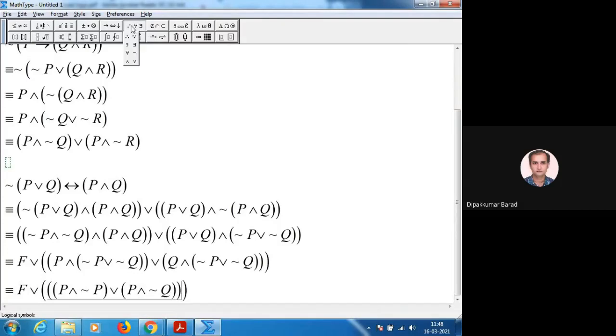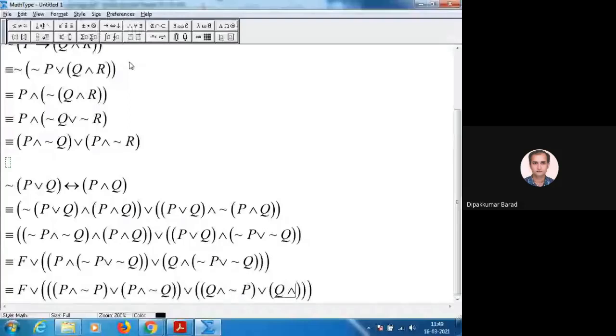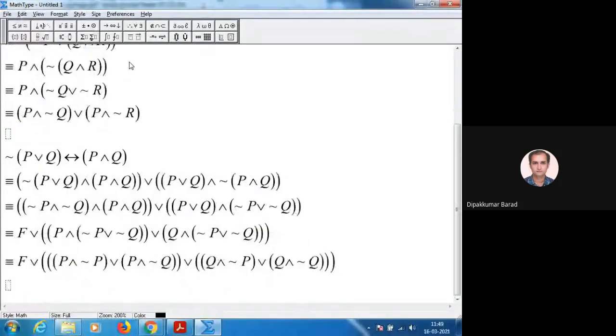Now or, we have or, and again here P, Q and not P or not Q. So I get in bracket Q and not P, Q and not P, okay, Q and not P, or Q and not Q. Okay, so now P and not P, it means false.